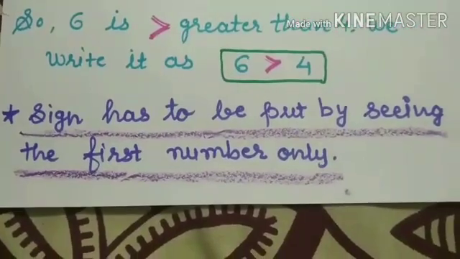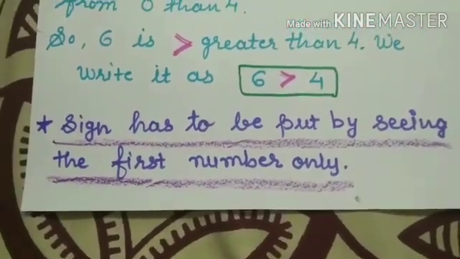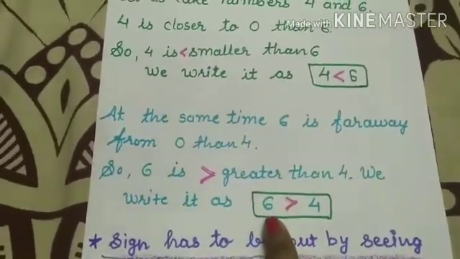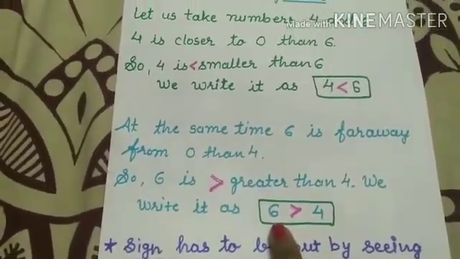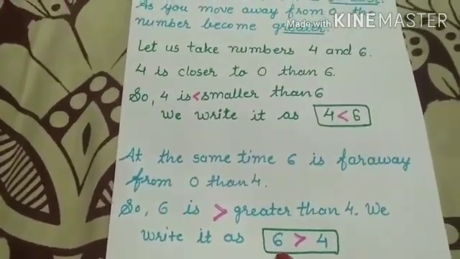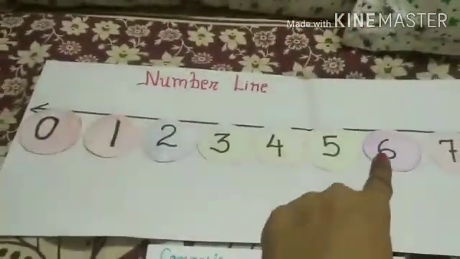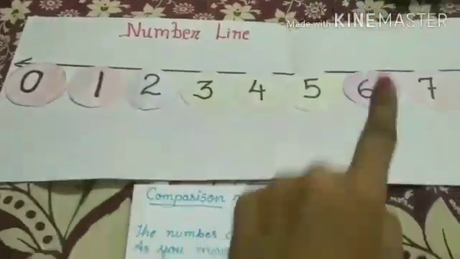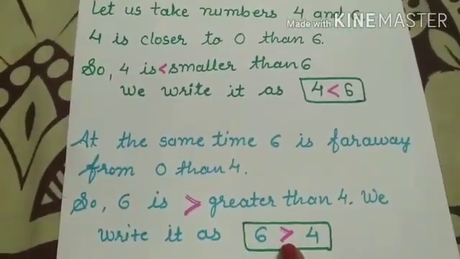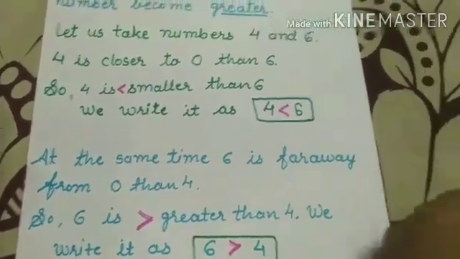The sign has to be put by seeing the first number only. If in the same numbers 6 is written first, what will we do? 6 is greater than 4. We check that 6 is far away from 0. So we'll put 6, the sign of greater than, 4.